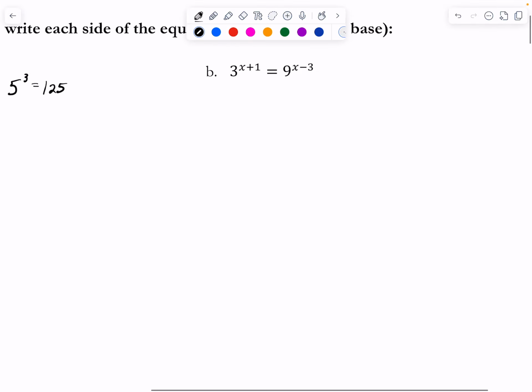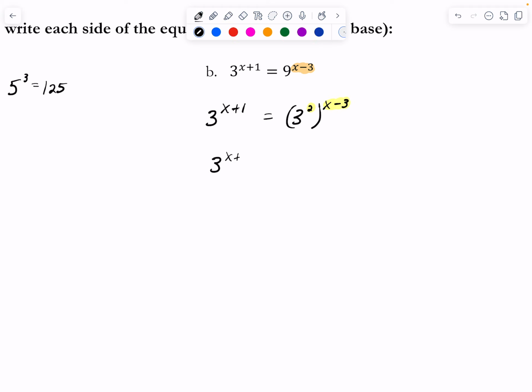Okay, let's try B. I'm going to leave this one alone. 3 to the power of x plus 1 equals, rewriting 9, I'm going to write that as 3 squared. Now, there's already an original exponent here of x minus 3, so I'm going to copy down that x minus 3. If you remember from Algebra 1, when we have a power raised to another power, we multiply the exponents.